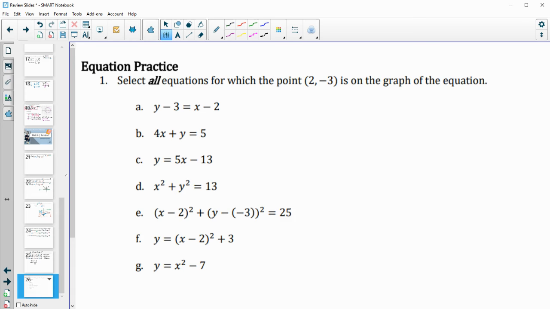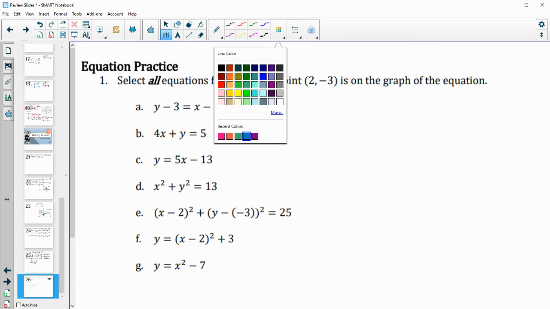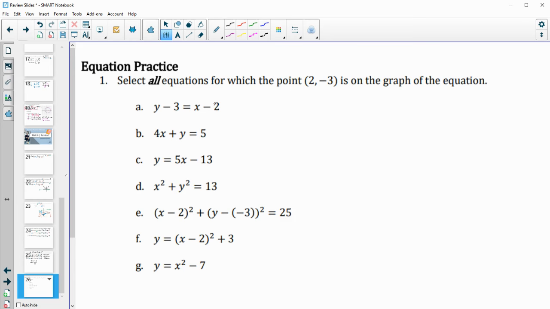All right, so in this last one, we're just going to practice with the equations and deciding if the point (2, -3) is on the graph of each of these. So this one's in point slope form, so you might notice that this is the ordered pair. Okay, so x minus 2, so the 2 is your x, and 3 would be your y, so (2, 3) would be on there.